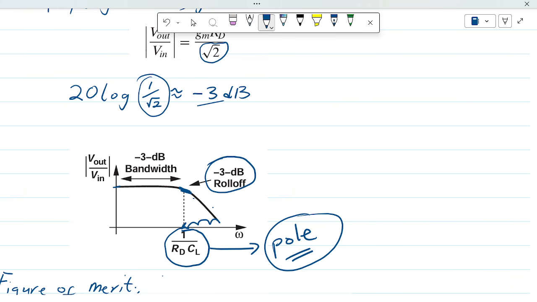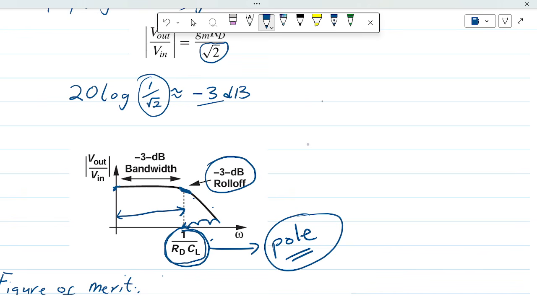Assuming we wanted more bandwidth, the bandwidth becomes the range of frequency within which we don't have our gain reducing significantly. So assuming we wanted more bandwidth, then we could try to move this slightly to the right.